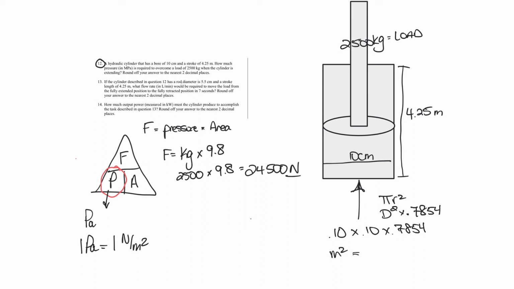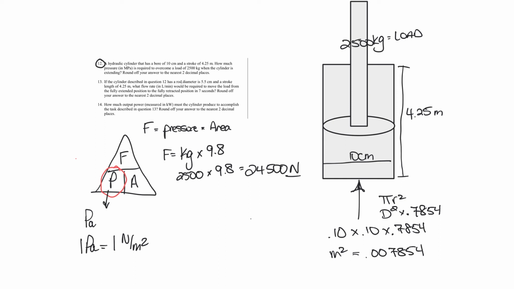So let's do that. 0.1 times 0.1 times 0.7854, and we're going to get 0.007854. Some of you that are familiar with decimals and dealing with hundreds and tens were like, of course, right? Because we just had to move the decimal places. But it's good for us to do it in our calculator as well.